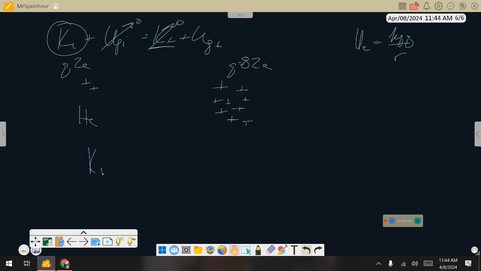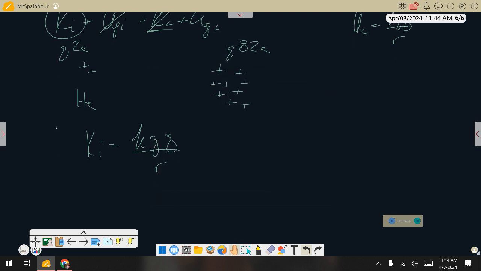I have kinetic energy initial is equal to... What equation should I use over here? And what am I solving for? R. Not radius per se.